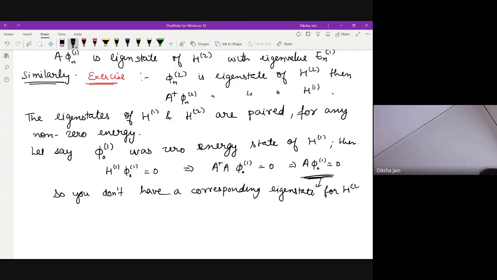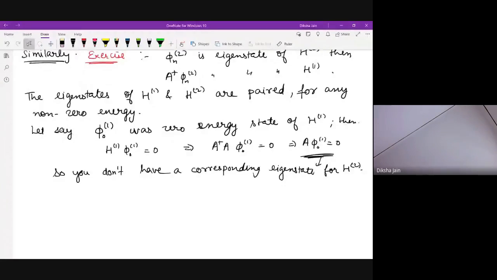This is exactly the same as the argument I gave for fermions and bosons being paired, except for the zero energy state, which is unpaired. So the spectra of both Hamiltonians H1 and H2 are related to each other. If you can solve for one Hamiltonian, you can find the eigenstates of the other, and this pairing doesn't happen only for the zero energy state. Okay, any questions till now?